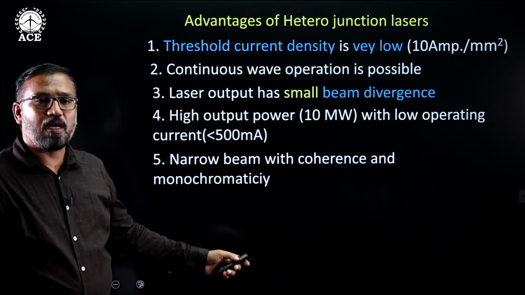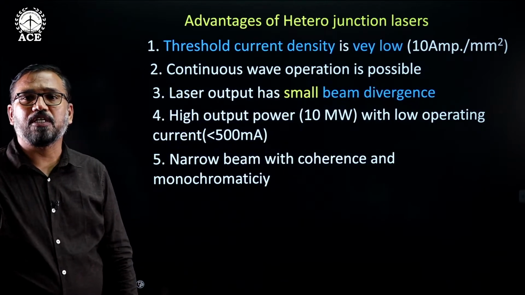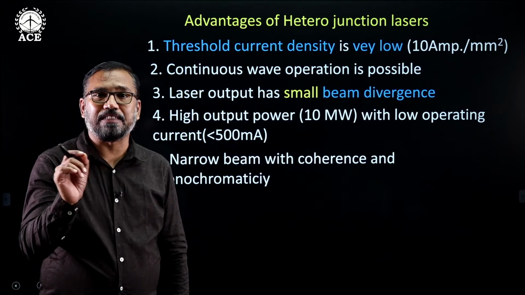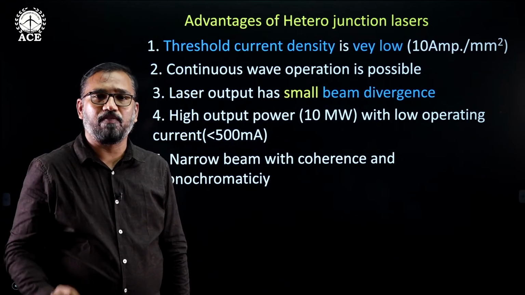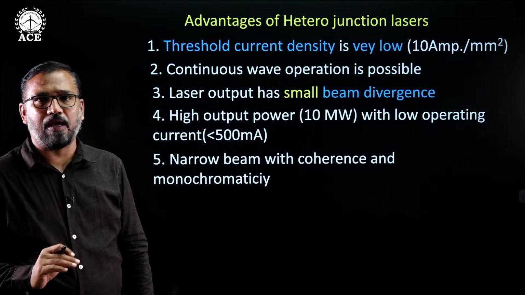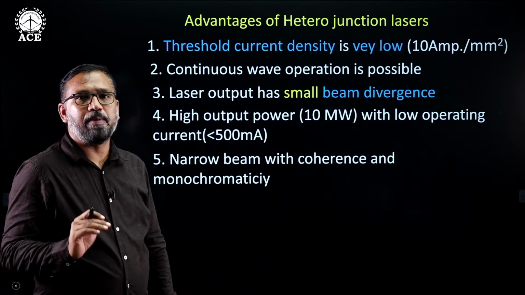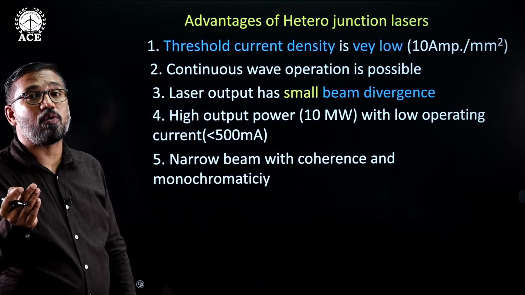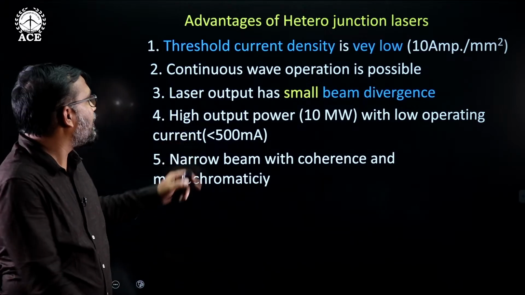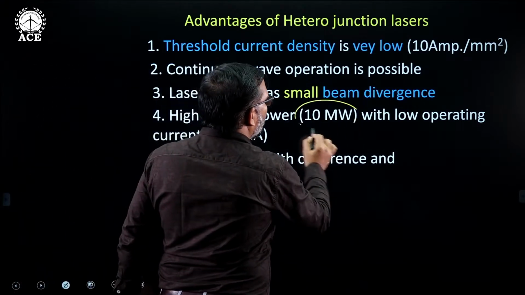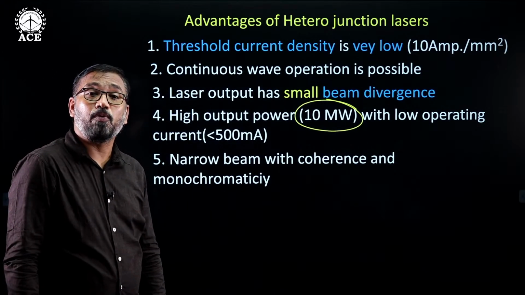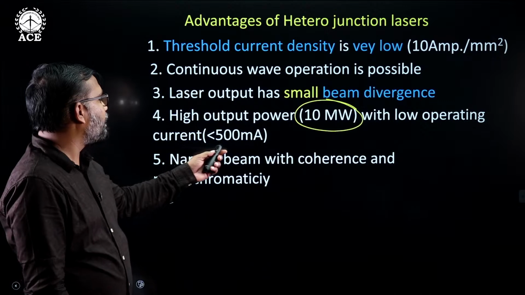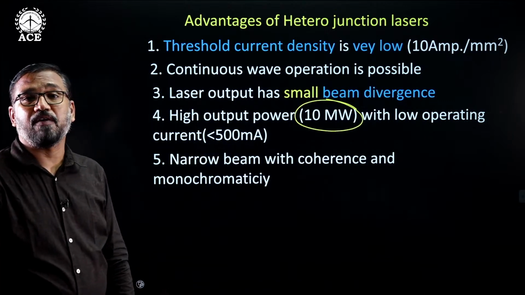Now heterojunctions are powerful. They have less divergence, so they give a more coherent beam of light, with more directionality and more stability. The output will be more. We get 10 megawatts of output laser at only 500 milliamperes of forward current.